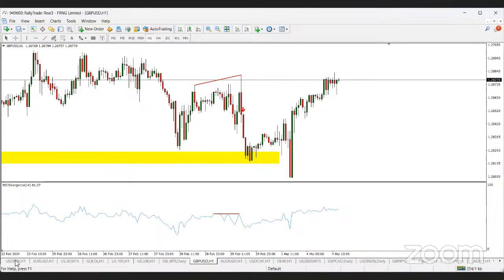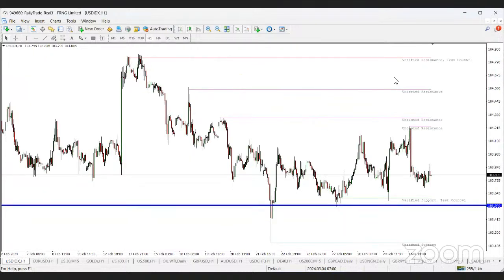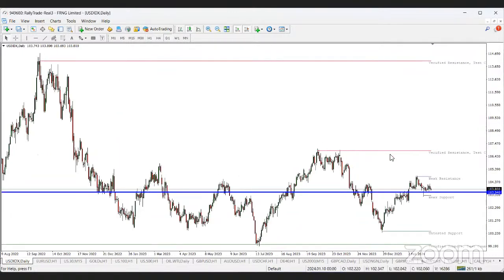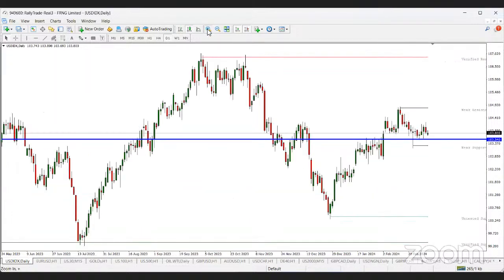So we'll begin with the dollar index. Let's see what the dollar is looking like right now. Let's begin with the daily time frame. We analyzed the dollar index last week.